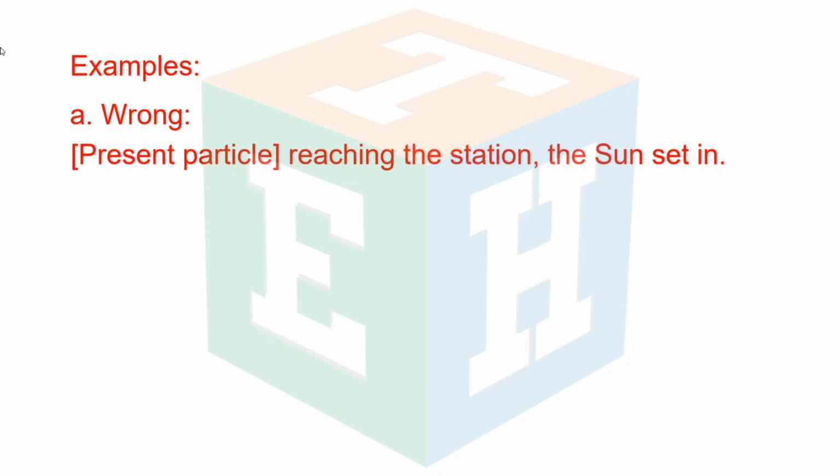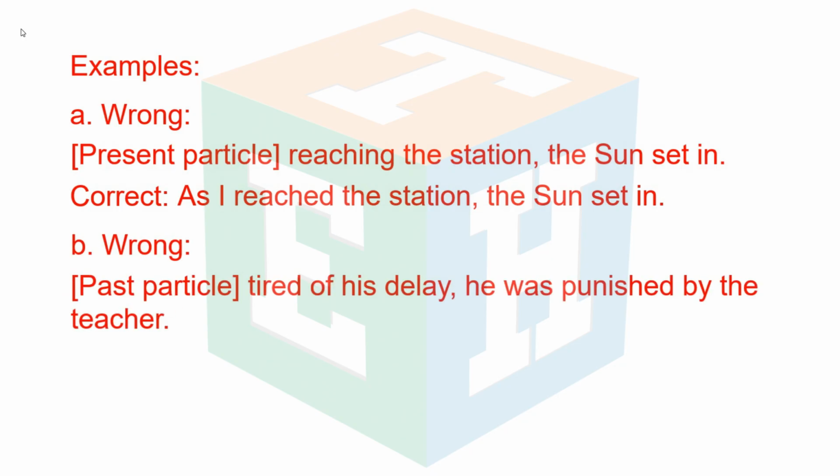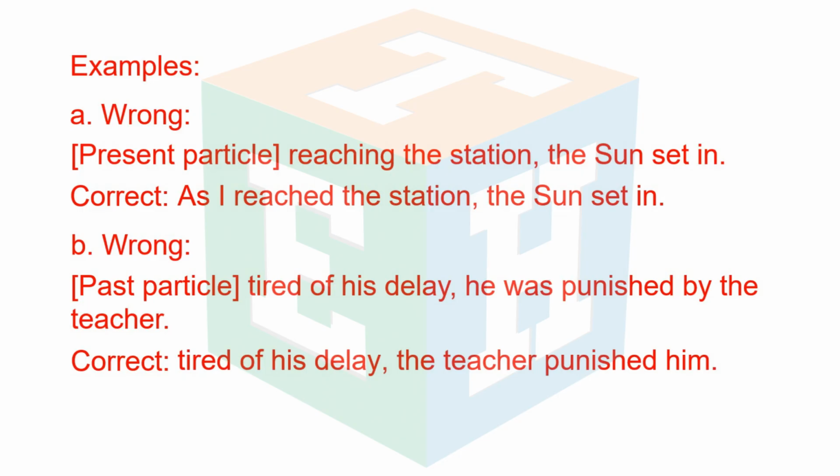Present participle, reaching the station, the sun set in. Correct. As I reached the station, the sun set in. B. This is wrong. Past participle, tired of his delay, he was punished by the teacher. Correct. Tired of his delay, the teacher punished him.